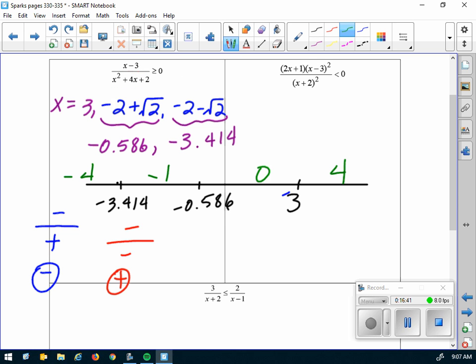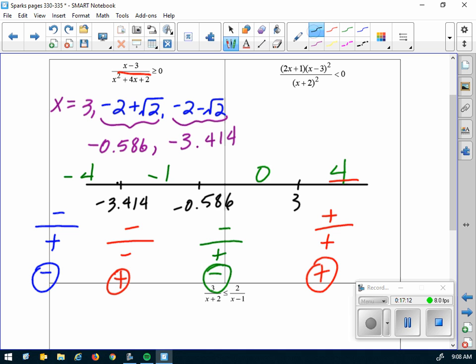If x is 0, 0 minus 3 is negative, and the denominator is 2, so that's positive. Negative divided by a positive is a negative. If x is 4, 4 minus 3 is positive, and the denominator is positive as well. And a positive divided by a positive is a positive.